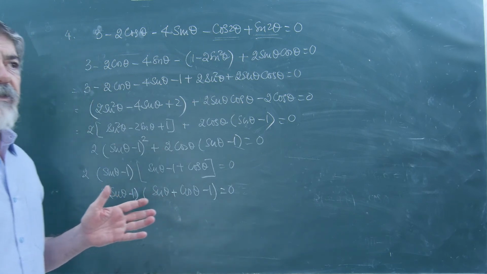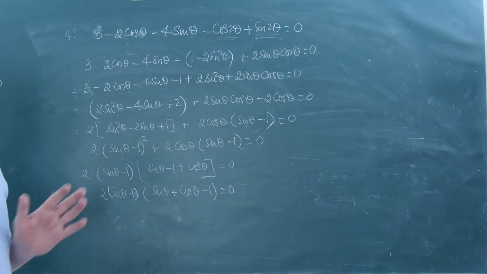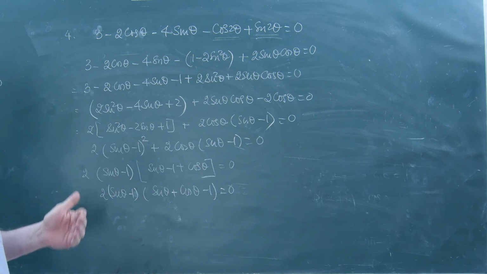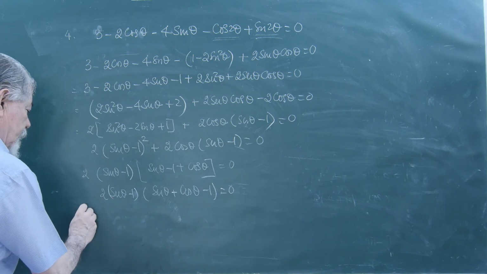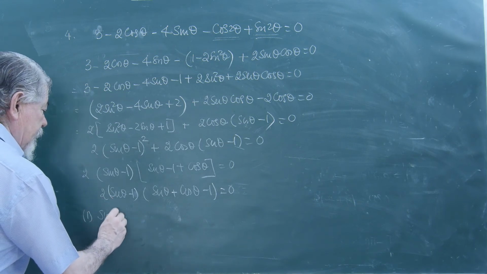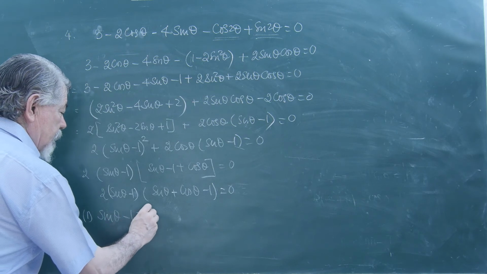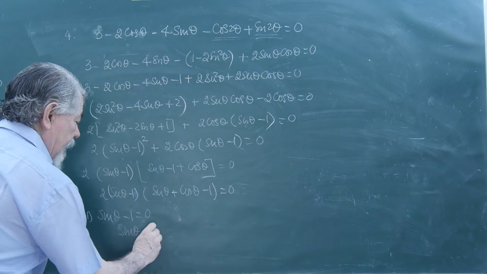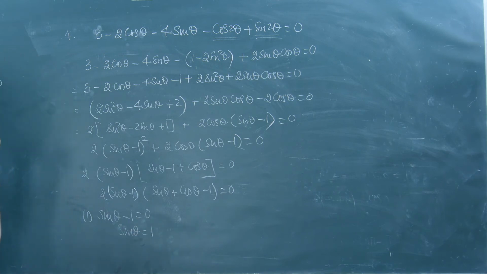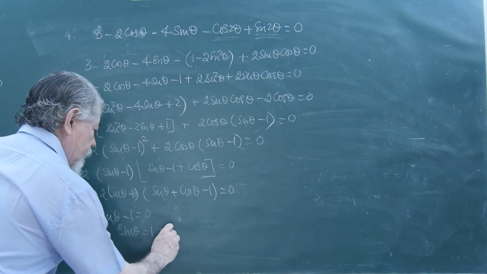Either of them can be 0 to make the product 0. So let us take one by one. If I take sine theta minus 1 is equal to 0, so sine theta will be equal to 1, and sine theta is 1 when the angle is pi by 2. It is sine pi by 2.